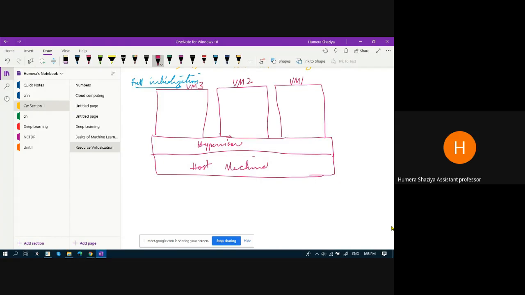In each virtual machine you have a guest OS and you have applications.